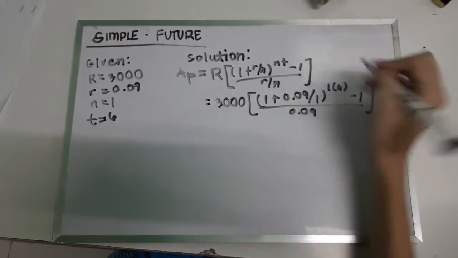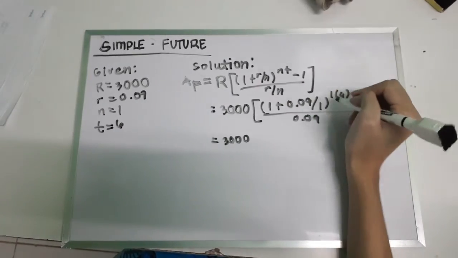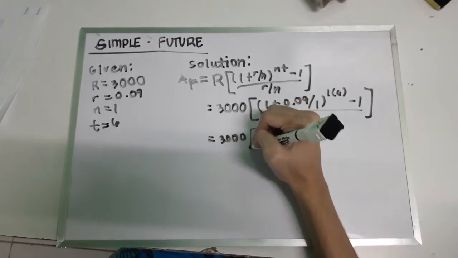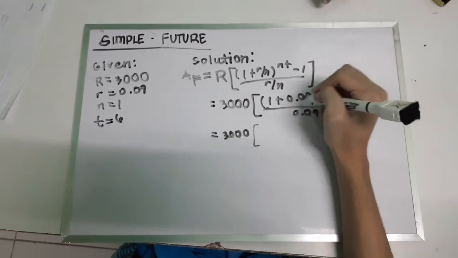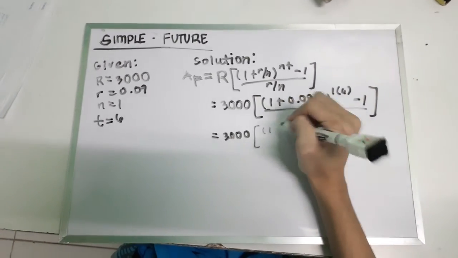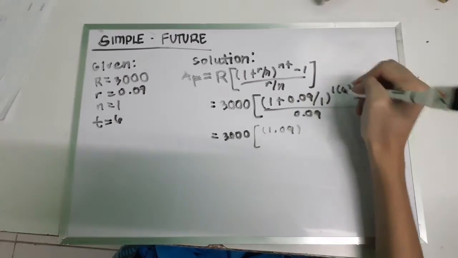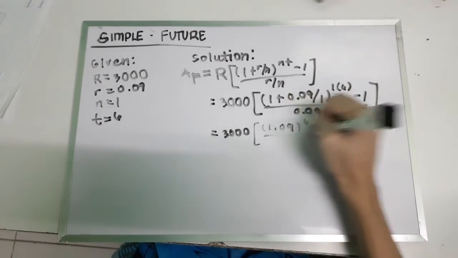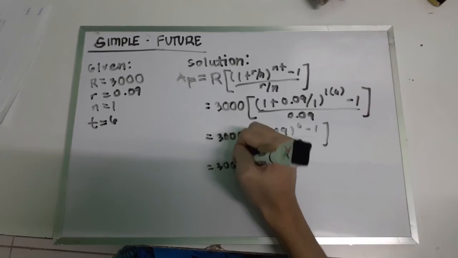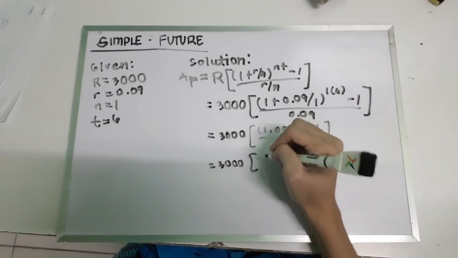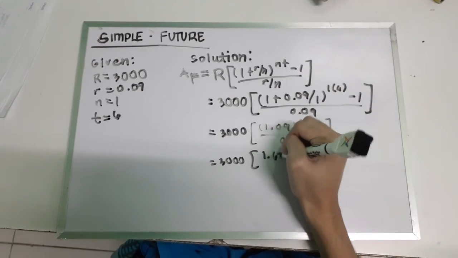After substituting the values, we can now properly solve the problem. We should first divide 0.09 over 1, which is just 0.09, and add it to 1. The result is 1.09. Raise that to the power of 6 and we have 1.677100111.